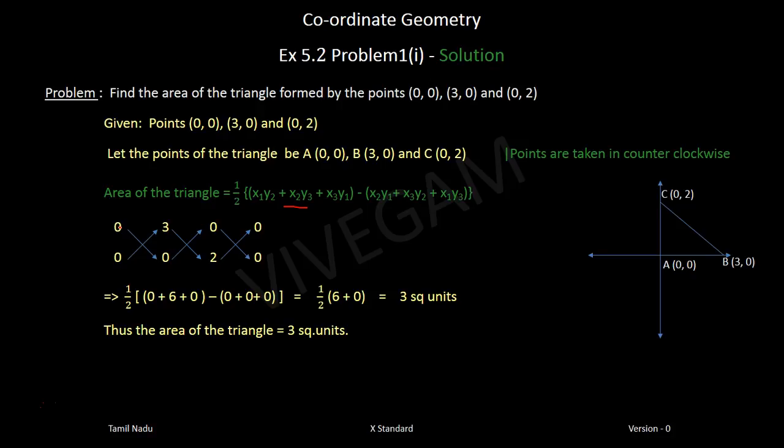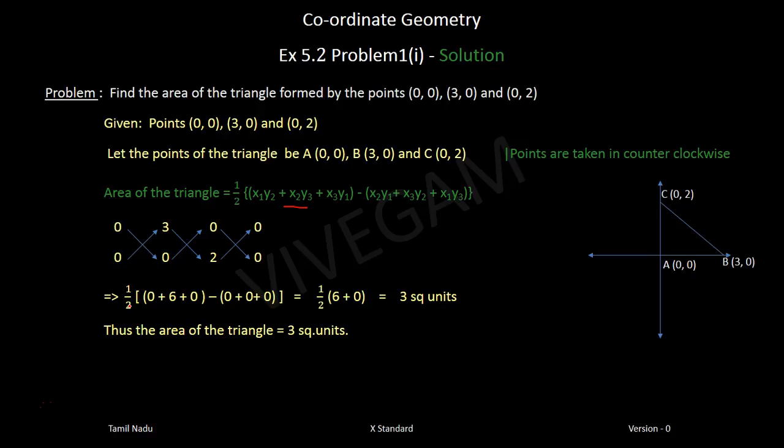This is x1, this is y2. So it's x1 y2, this is x2 y3, this is x3 y1, and this is x2 y1. This is x3 y2 and this is x1 y3. You can see all the 6 terms reflected here.